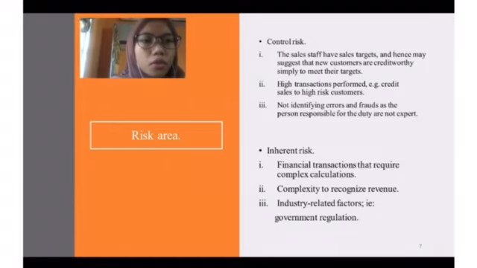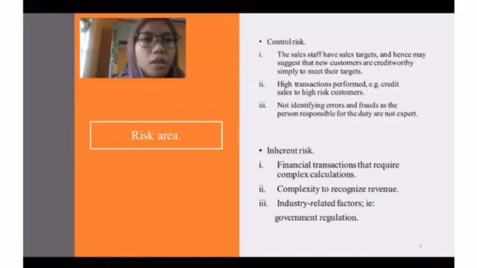For inherent risk, the first one is financial transaction that requires complex calculation. For transaction that the calculation is complex, it is difficult for management to make proper judgment and will lead to inherent risk. Next one is complexity to recognize revenue. There are so many ways to recognize revenue.